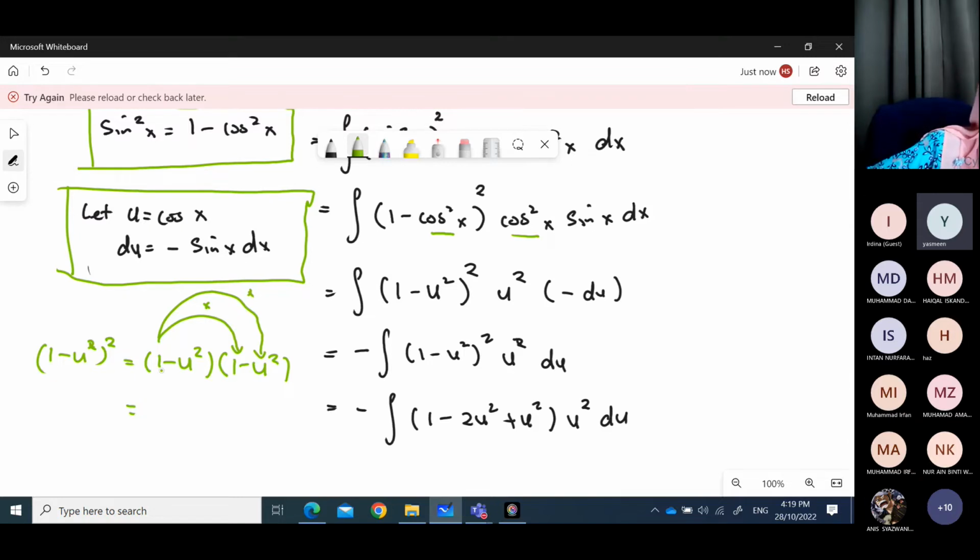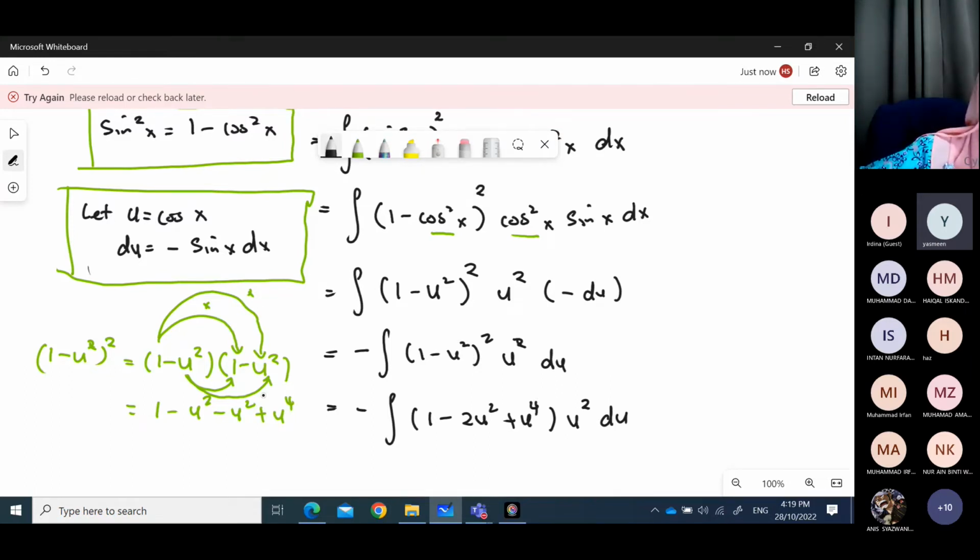Okay, so kita akan dapat 1 times 1 is 1. 1 times negative u squared, we have negative u squared. So next one, negative u squared times 1, we have negative u squared. And negative u squared times negative u squared, we have plus u to the power of 4.